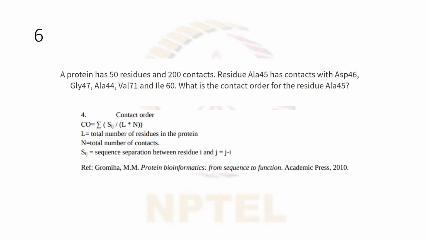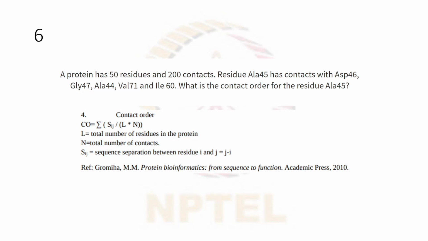So contact order is the summation of sequence separation between the residues i and j divided by the number of residues in the protein divided by the number of contacts. Contact order is a statistically inferred value which is calculated. It's not the sequence of contact or nearest neighbor kind of thing.